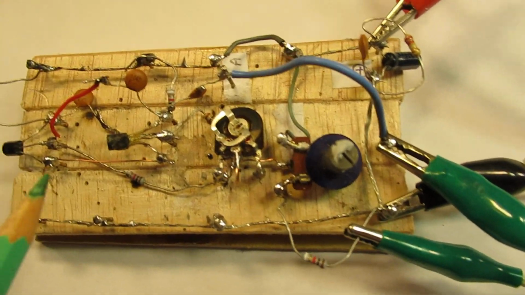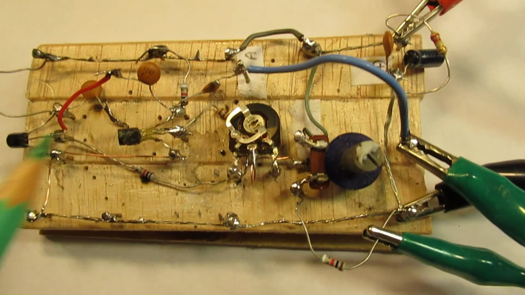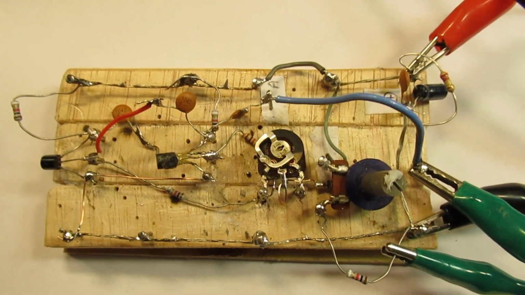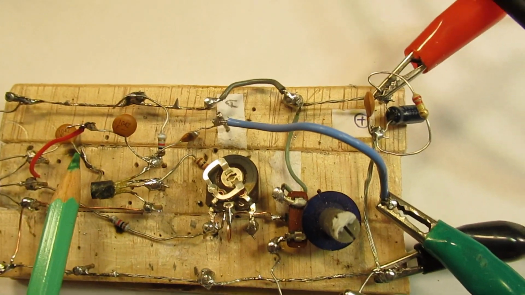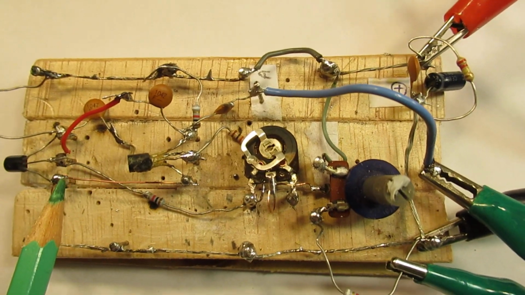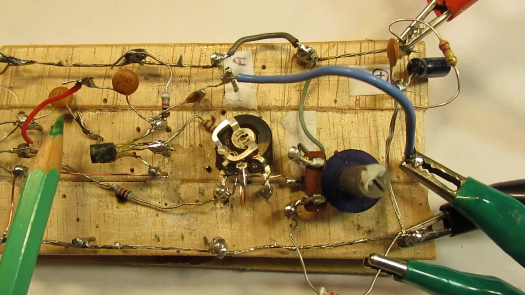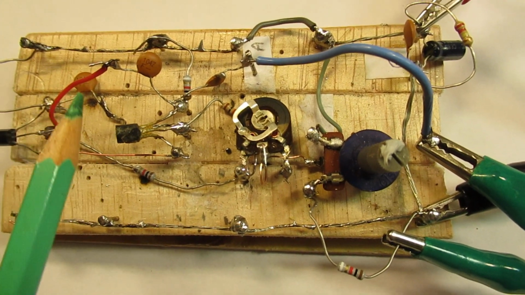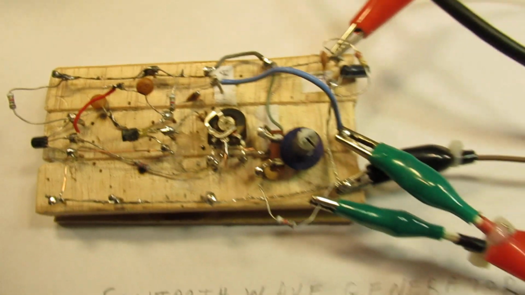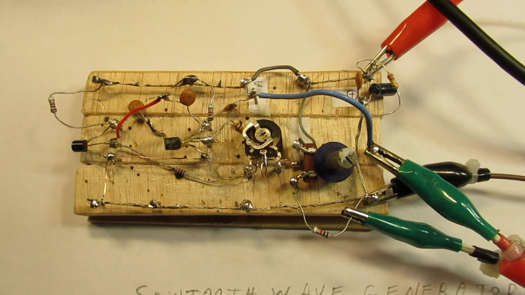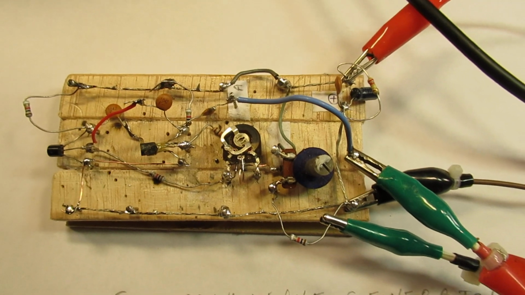I made it here, by the way, with ceramic capacitors. And when you want to use this circuit in a serious application, don't use ceramic capacitors here. Use foil capacitors, because these capacitors are normally temperature sensitive. So let's look at what the circuit can bring on the scope.